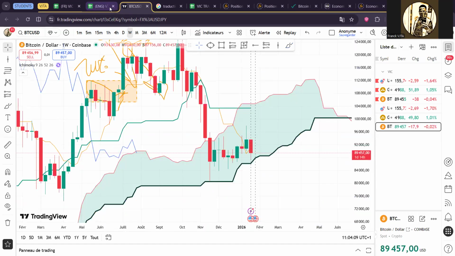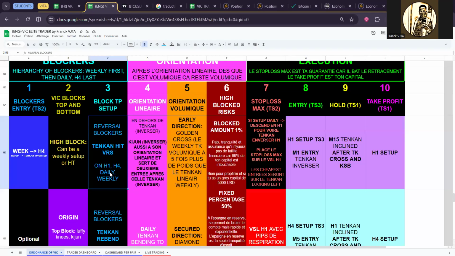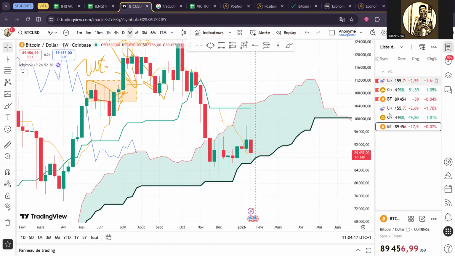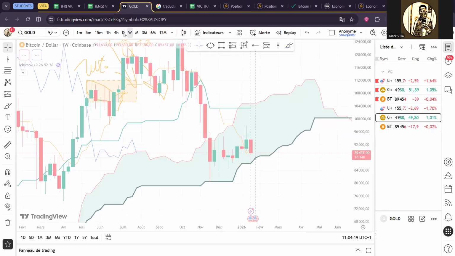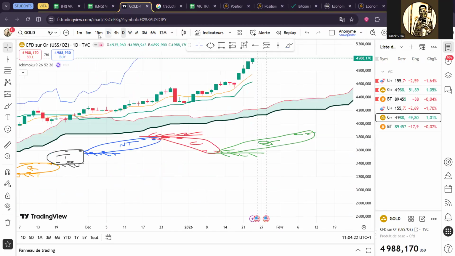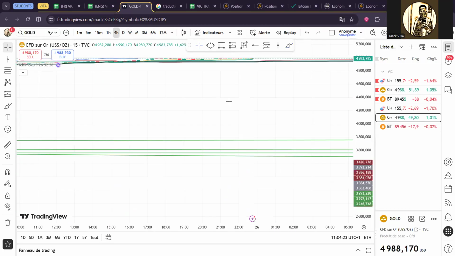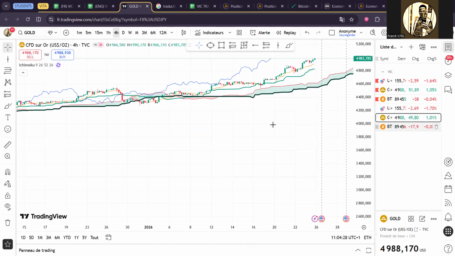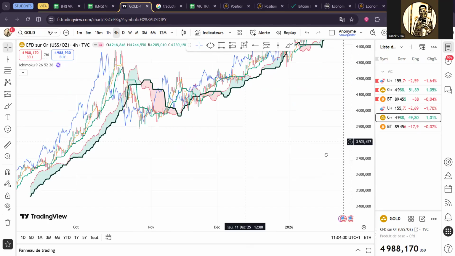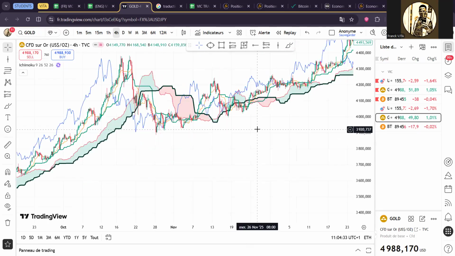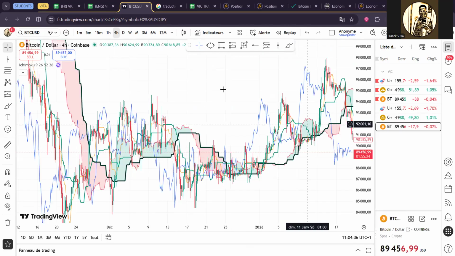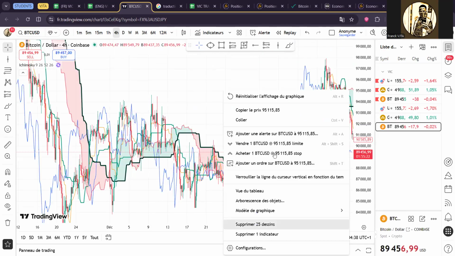So that's it. And then Tenkan Ribbon is the next blocker. Why? Look, Tenkan Ribbon is the next blocker because I'm doing all of the examples only on the buy side.